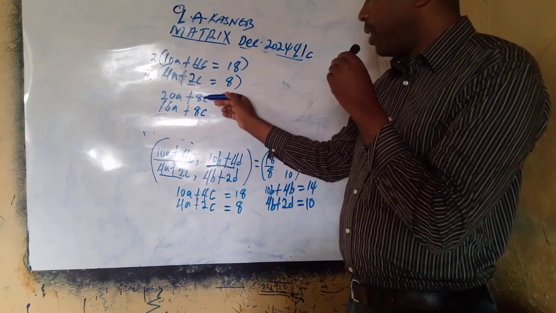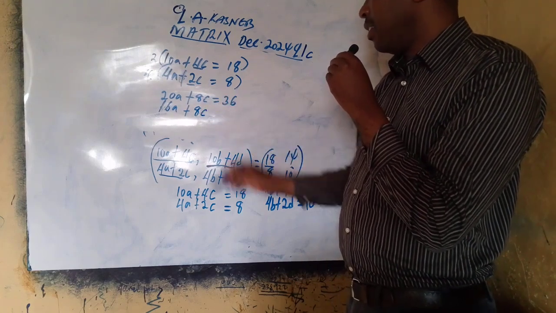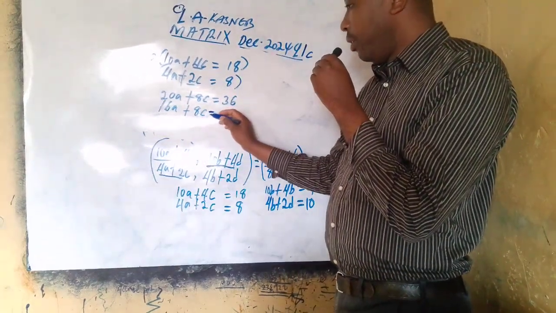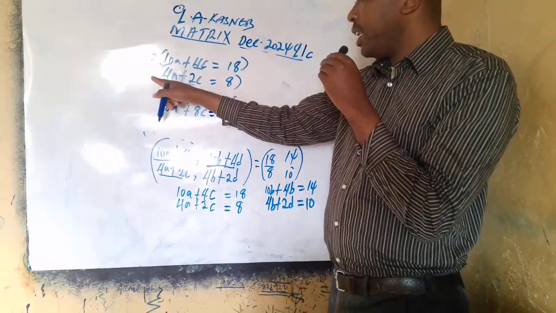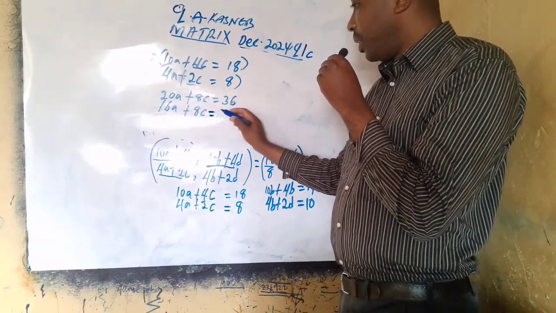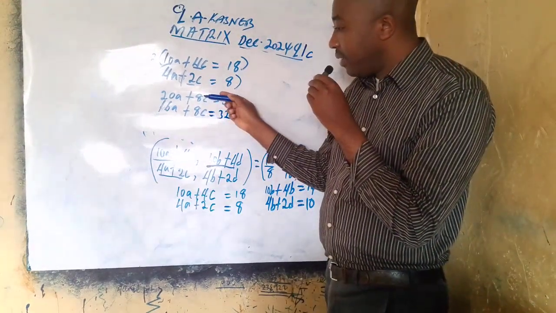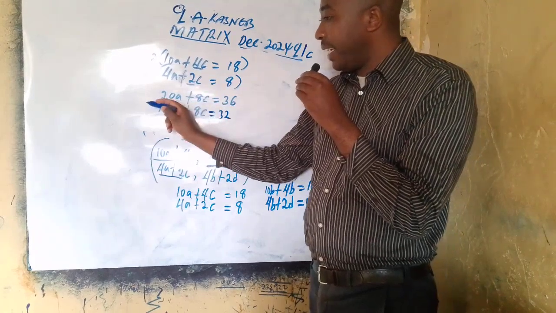You can now see this and this are equal. C and C is now equal, and that is what we call elimination. 4 times 8, we get 32. Since C and C is equal, we can eliminate it.